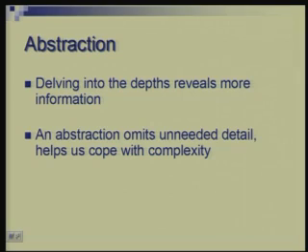What abstraction means is that you leave out details which are less relevant and focus on matters or issues which are important at that particular time or for some particular consideration. As you go into depth, you get more and more information. As you have more and more abstraction, the information is reduced.